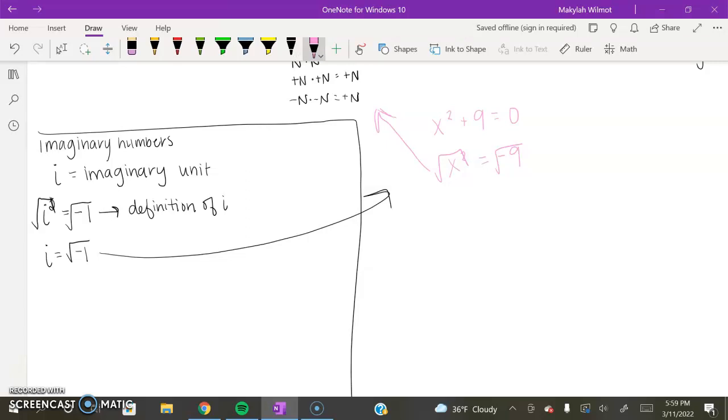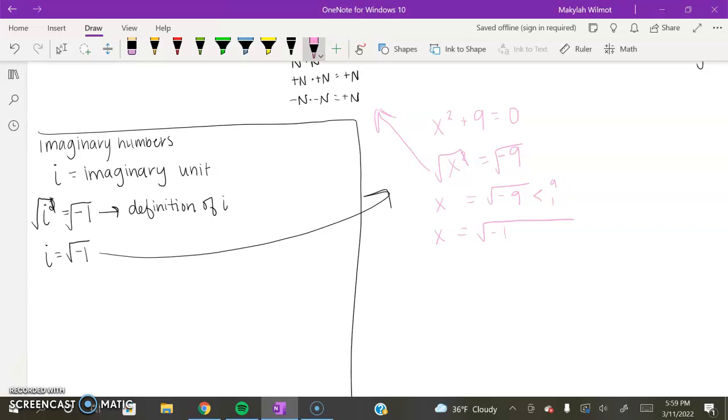Well, we know that x equals the square root of negative 9. Well, 9, if we wanted to factor it out, is equal to 9 and 1, and one of those needs to be negative to follow our multiplication rules.